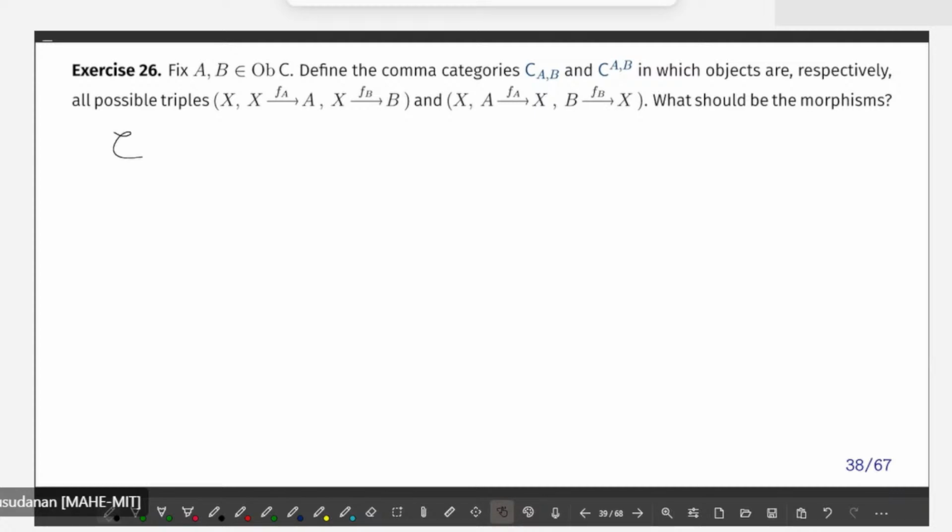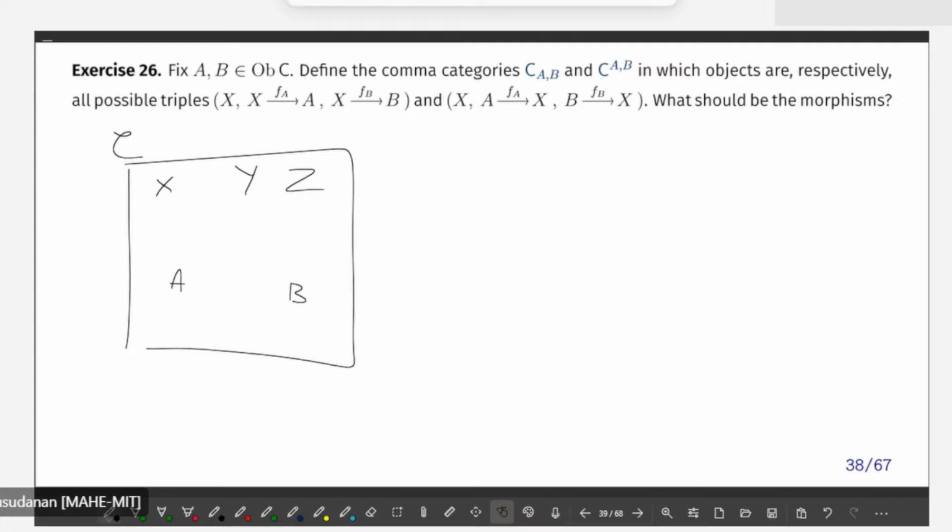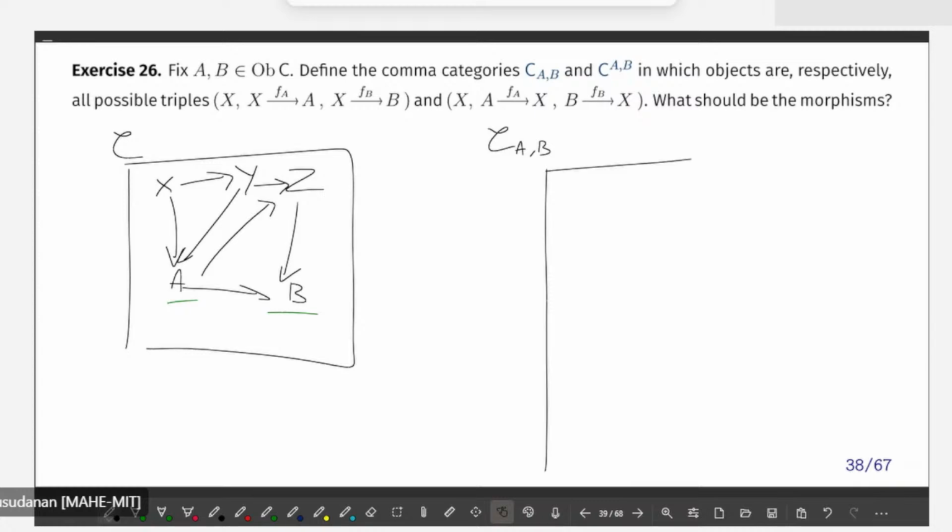So you have some category C with objects A, B, X, Y, Z, and so on, and so many morphisms between them. But now I'm taking this particular A and B, which are of interest to me, and defining a new category in which the objects are pairs of morphisms, or really I can fix a domain and then a pair of morphisms.